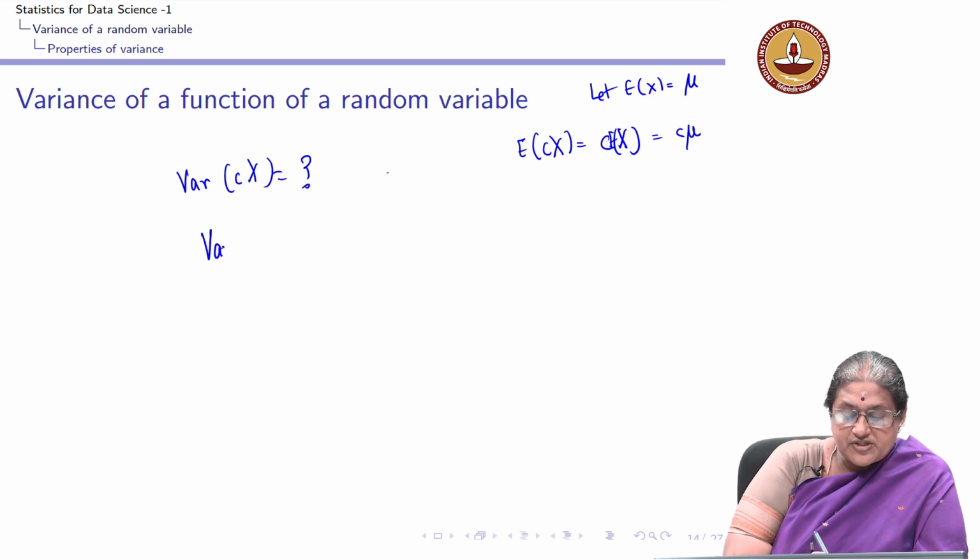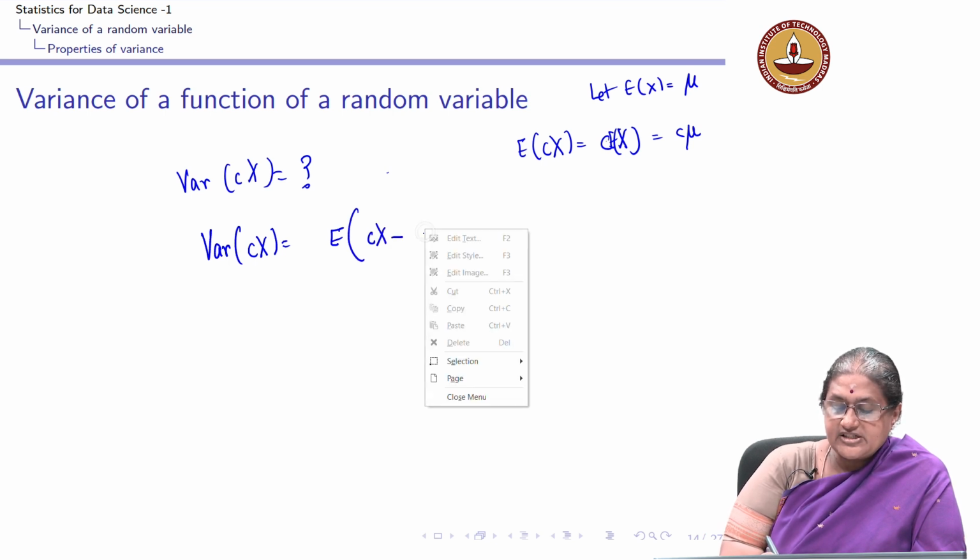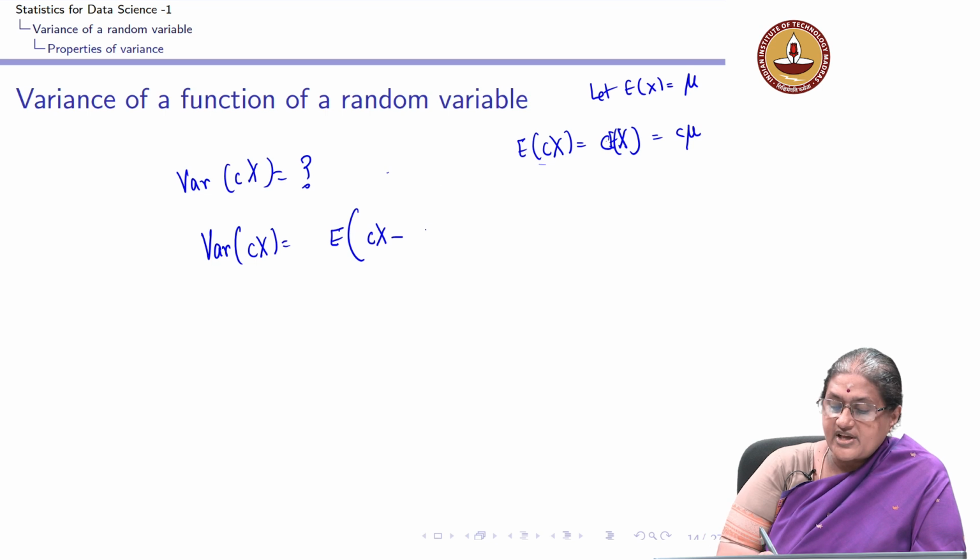From first principles, I know the variance of cX is the expectation of cX minus the expectation of cX, which is c mu, whole square.